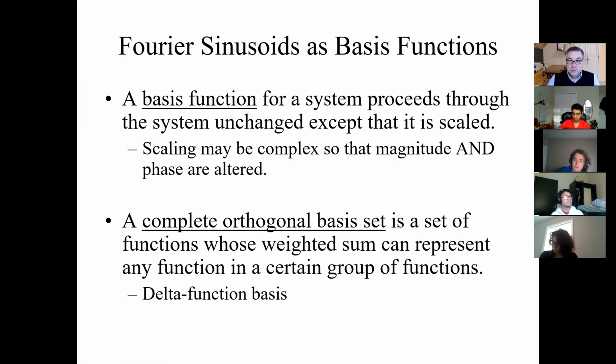The only way the system will change it will be to scale it. Now, in this case, scaling can be complex, which will impact both the magnitude and the phase. I'll show that in a second. But basically, if I put a 1 Hertz sinusoid into a linear shift invariant system, I'm going to get a 1 Hertz sinusoid out.